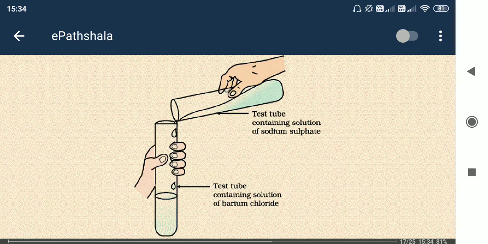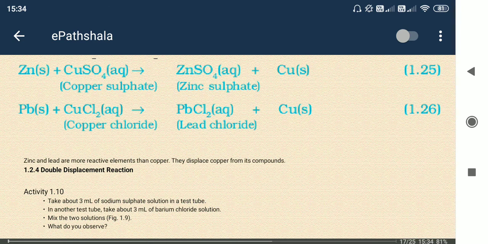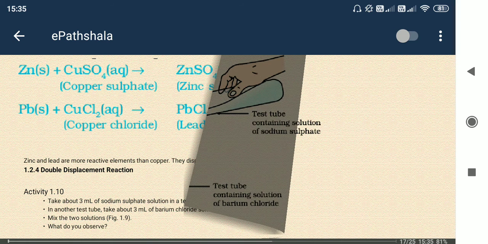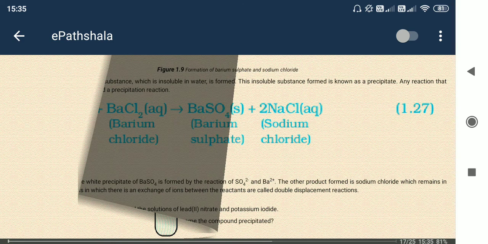Double displacement. This one is single displacement: Pb plus CuCl2 reacts to form PbCl2. Here the copper is displaced by lead, so lead chloride is formed and copper is released. So this is also displacement. Double displacement means two displacements occur simultaneously.